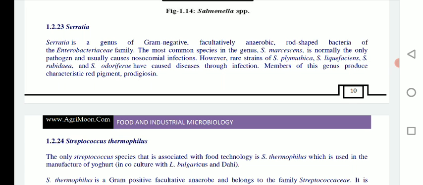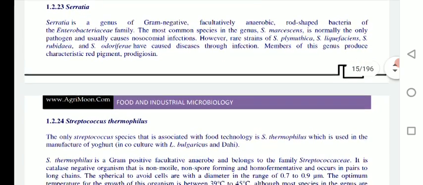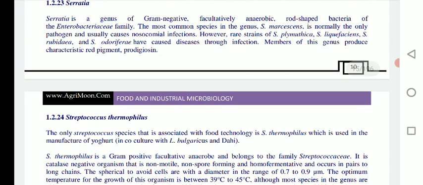It is normally the only pathogen and usually causes nosocomial infection. Nosocomial infections means the infections which we acquire from hospitals. These species of Serratia are mostly involved in nosocomial infection, but they are present in food also and cause foodborne illness.